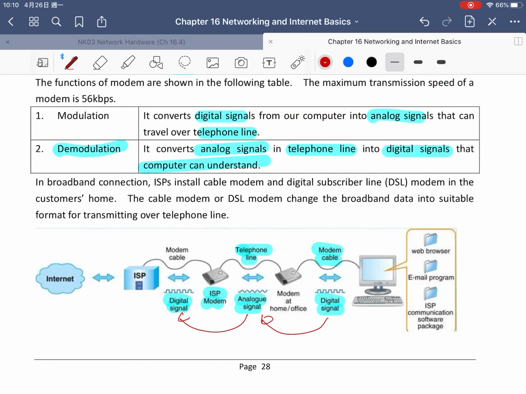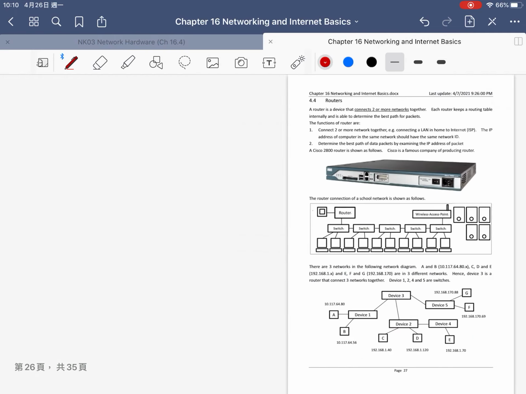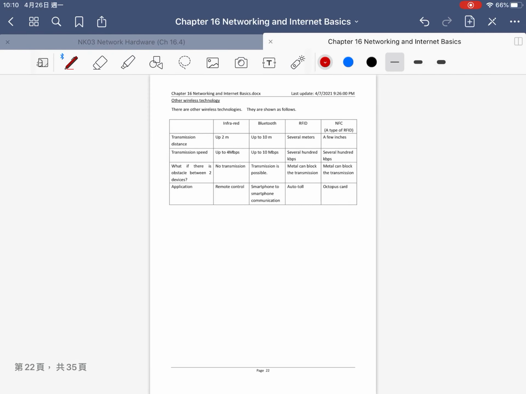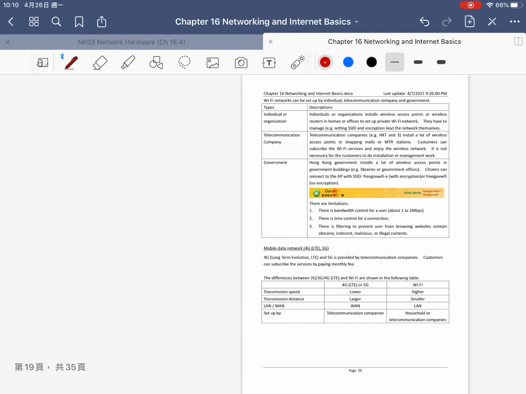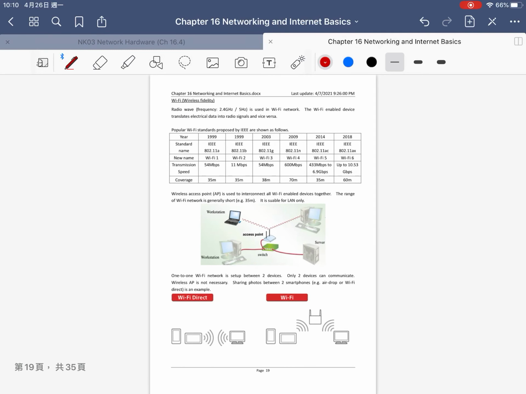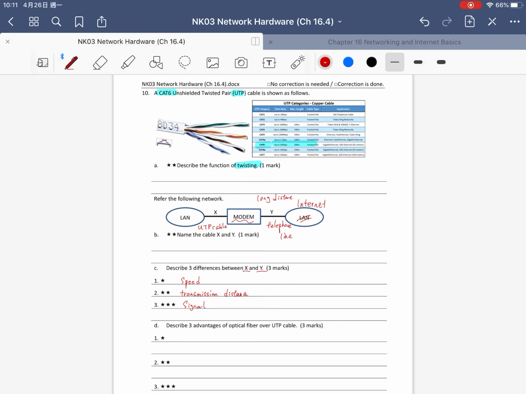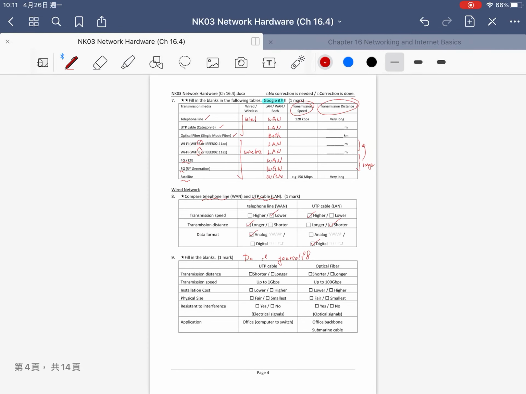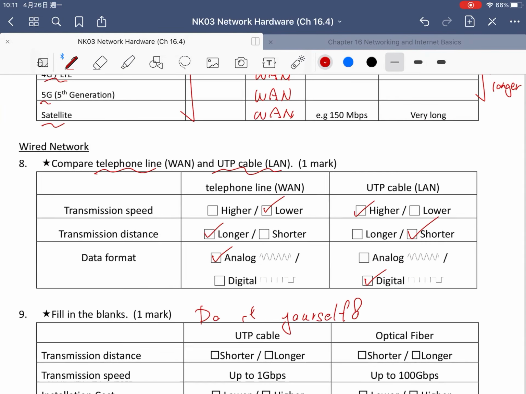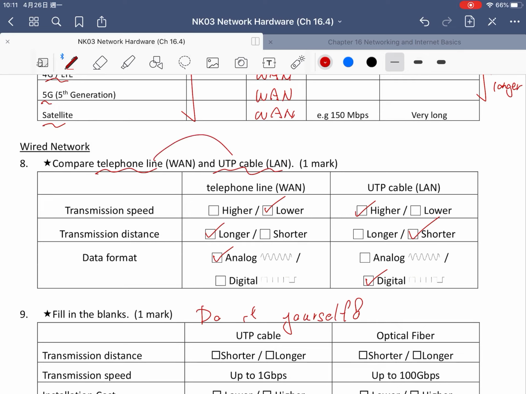You can look at your notes. Maybe you can look at the worksheet here. Sorry, telephone line and the UTP cable. There is the comparison.